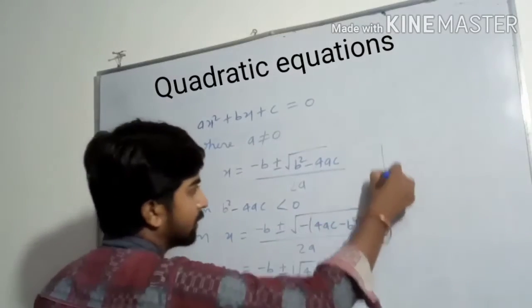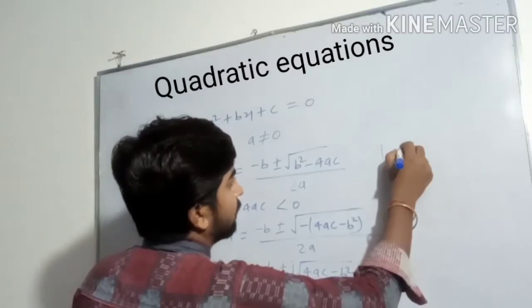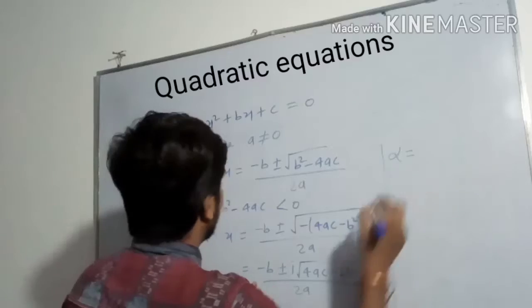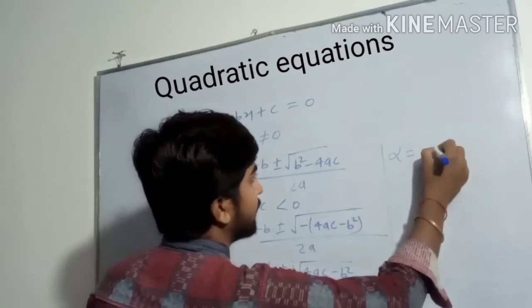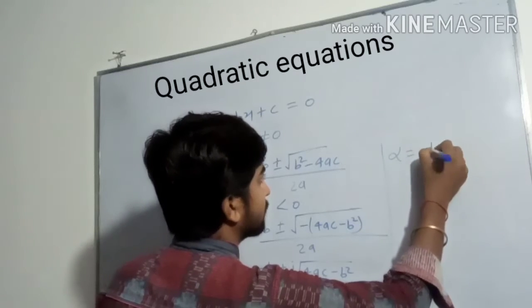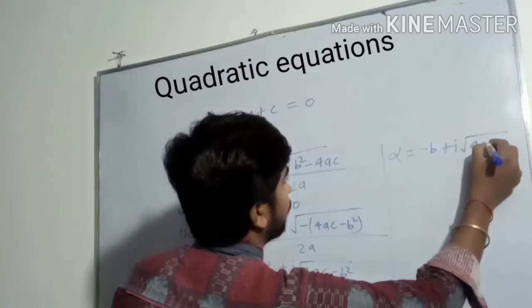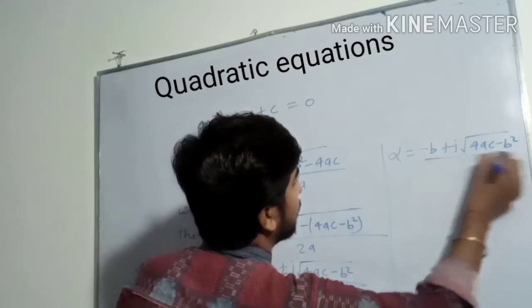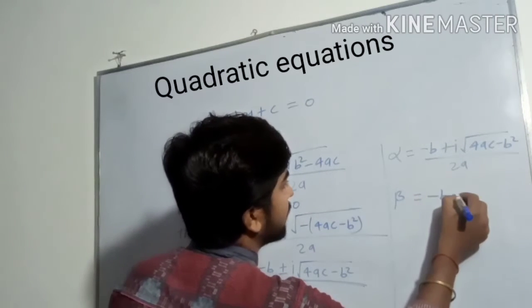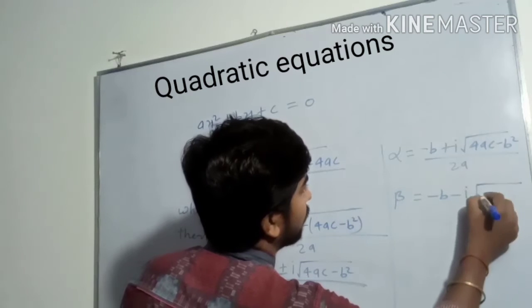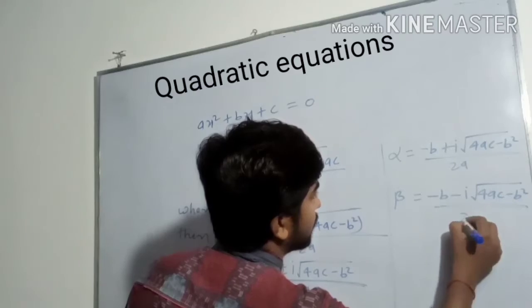And here there are two values of x. One is alpha = (-b + i√(4ac - b²)) / 2a, and beta = (-b - i√(4ac - b²)) / 2a.